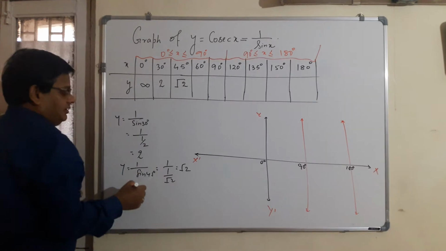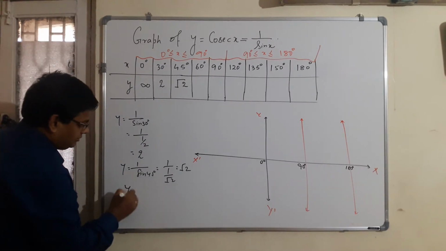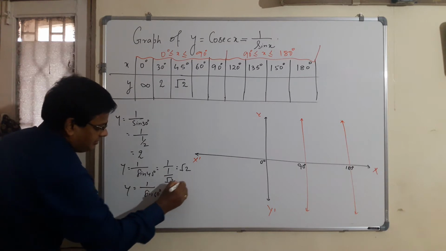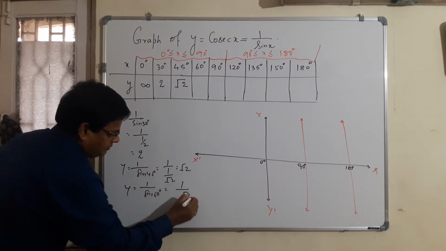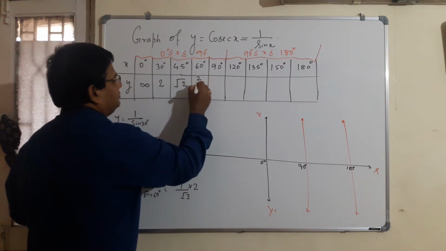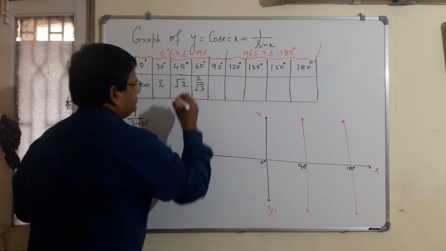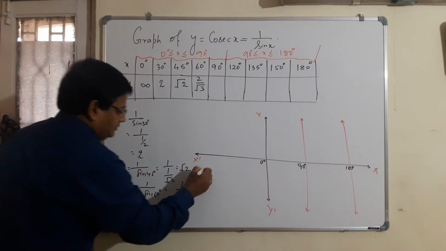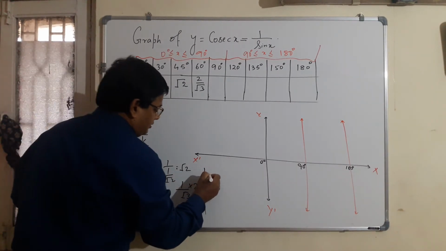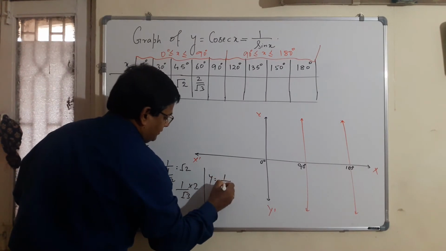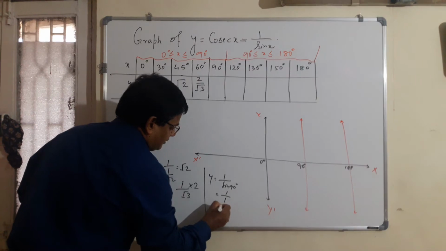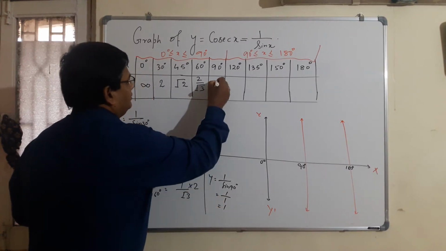At 60 degree, y is equal to 1 by sine 60 degree. Sine 60 degree is root 3 by 2, so the 2 goes up and it becomes 2 by root 3. Now at 90, y is equal to 1 by sine 90, and sine 90 degree is 1, so 1 by 1 is 1.